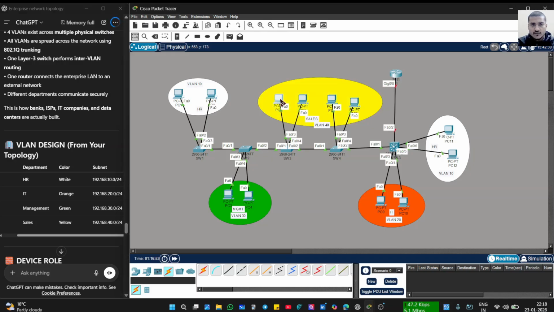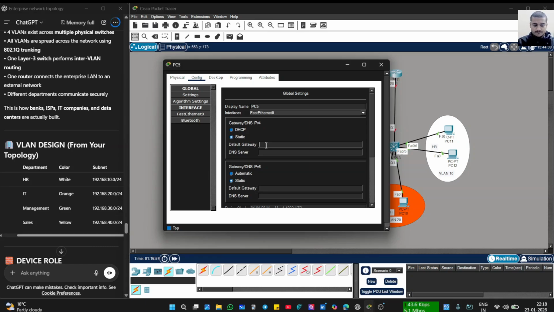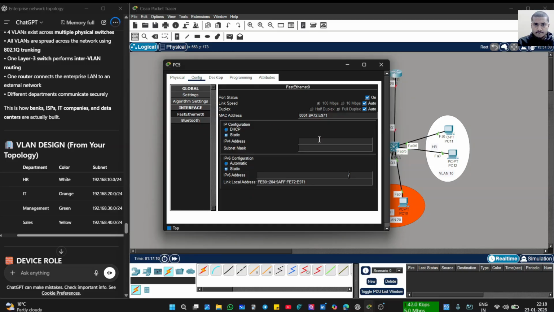Now let's configure VLAN 40. 192.168.40.1.